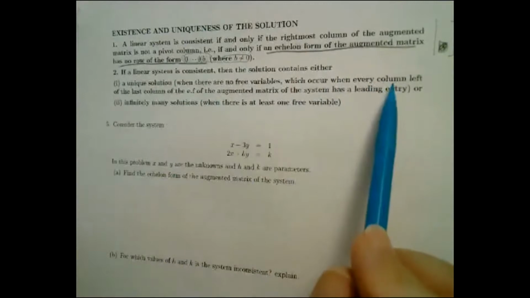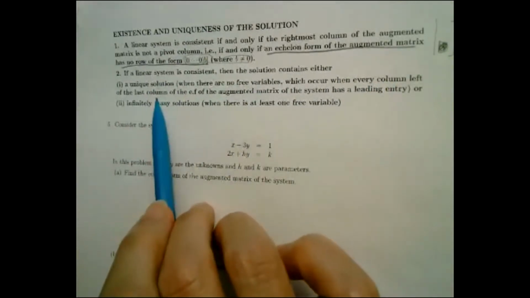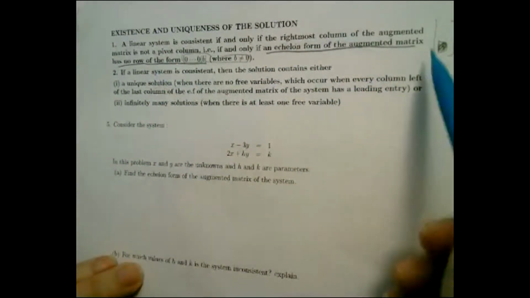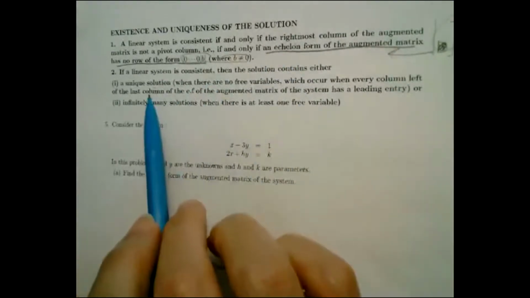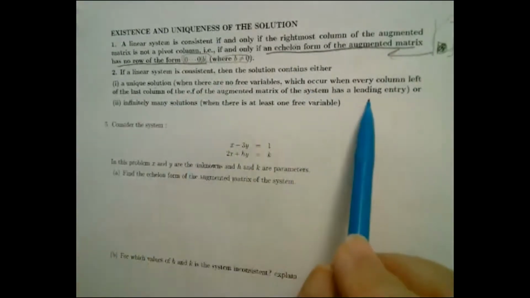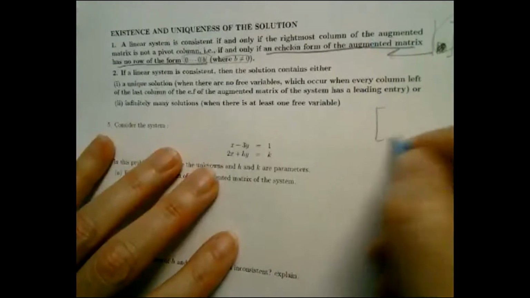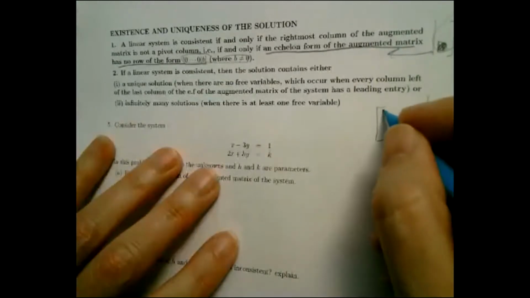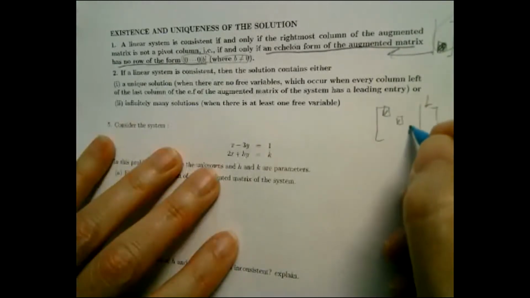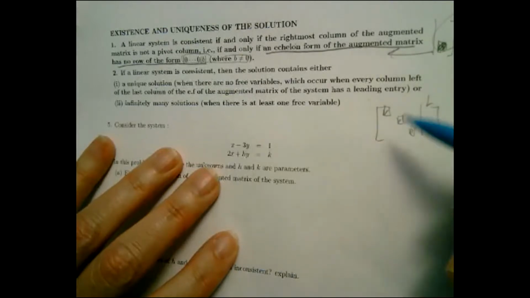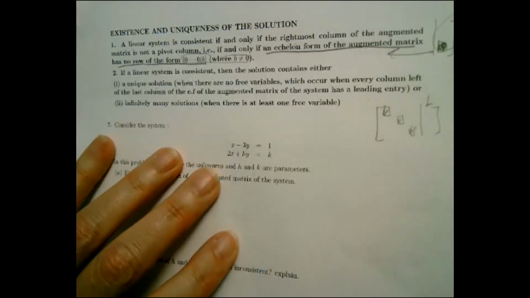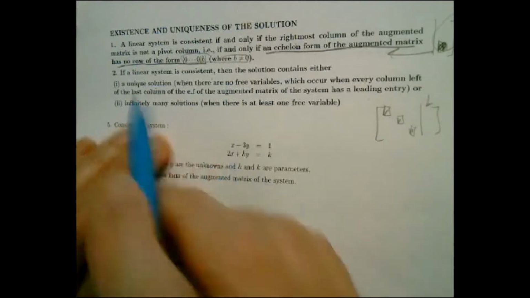It means this occurs when every column, of course to the left of the last one, has a leading entry. So to have unique, once we avoid this, every column has to have a leading entry, because then I can do back substitution and solve very easily.